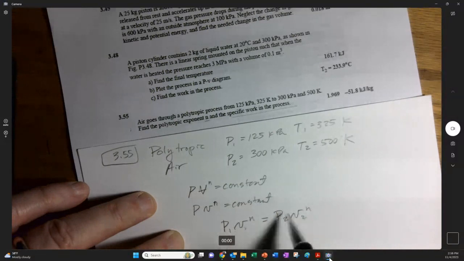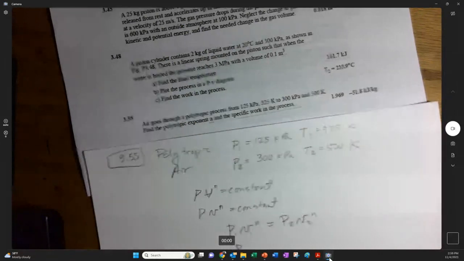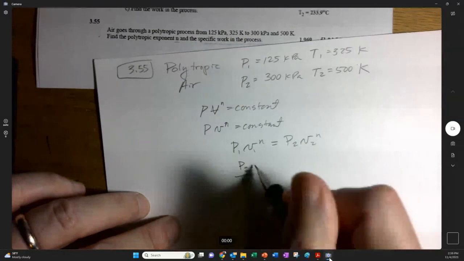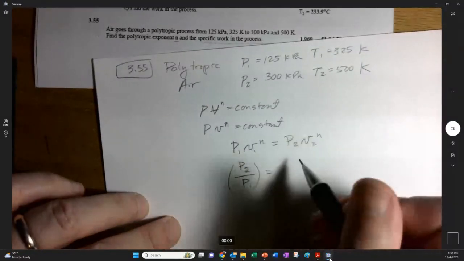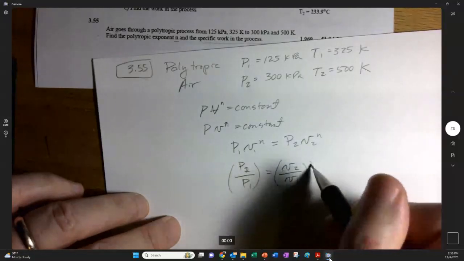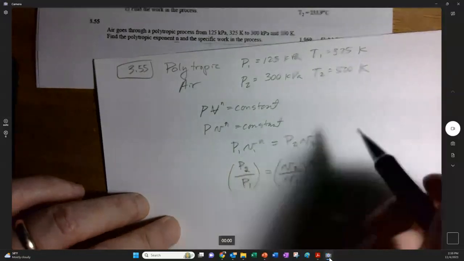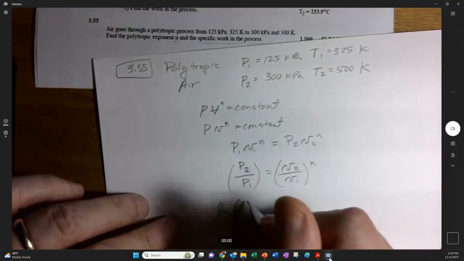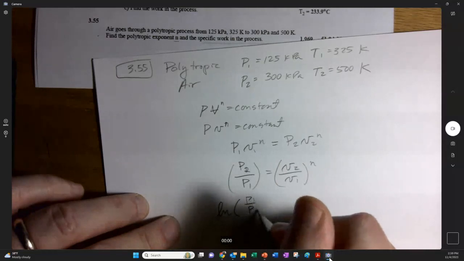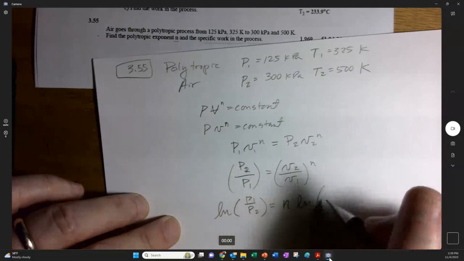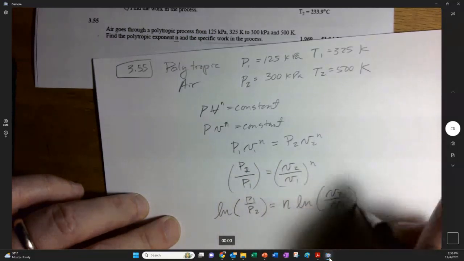So we can go either way with this. Usually I want to find out what 2 is, but it doesn't really matter because we have it already. That's going to be V2 over V1 raised to the n. And then we could take the natural log of both sides, and that's going to be n times the natural log of V2 over V1.